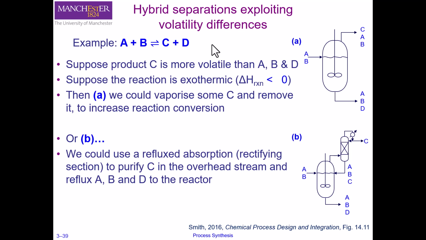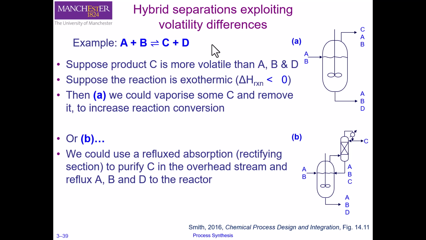But a problem can be that if we are vaporizing C, the heat might also vaporize A and B as well. It means that we have now no reactants left in the system to move this reaction forward.